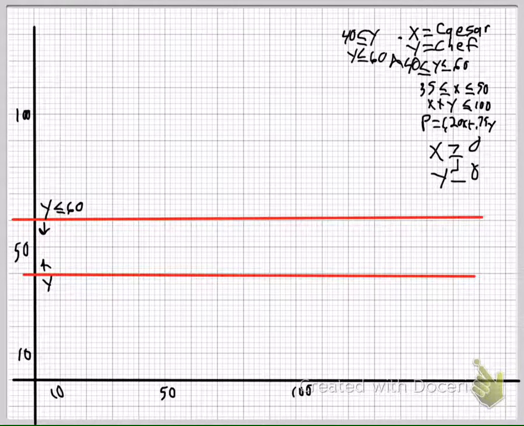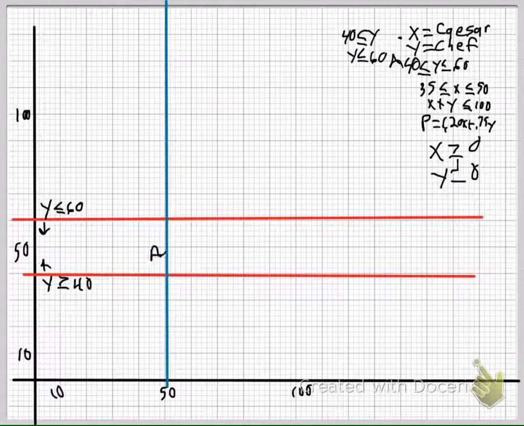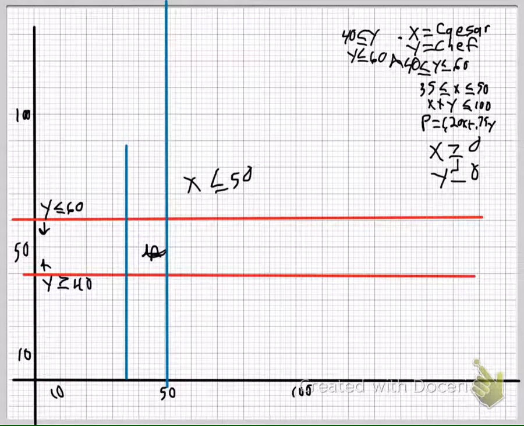Y is less than or equal to 60, and y is greater than or equal to 40. So that's X is less than or equal to 50 right there. And that's actually an arrow going in because it's the maximum number of Caesar salads we're going to do. And that's the minimum number of Caesar salads we're going to do.